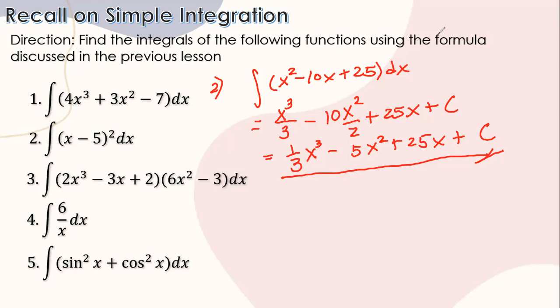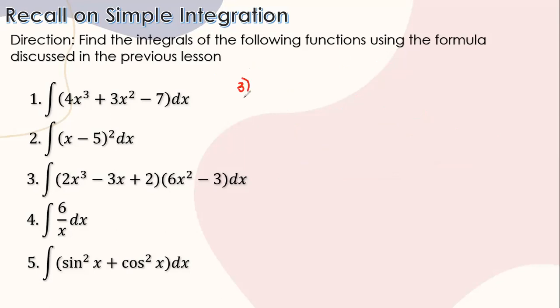Now let's have number 3. Again, we have two functions here. We can distribute them so that we have terms, and then integrate term by term. First, the 6x squared: we multiply each term of the first function by 6x squared.